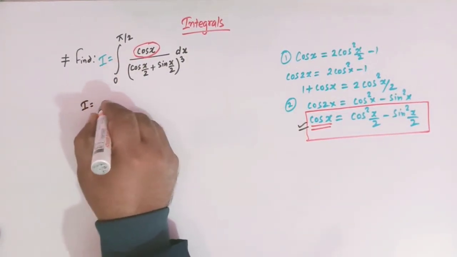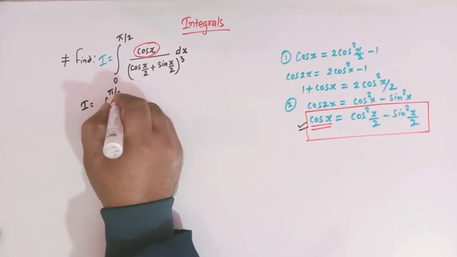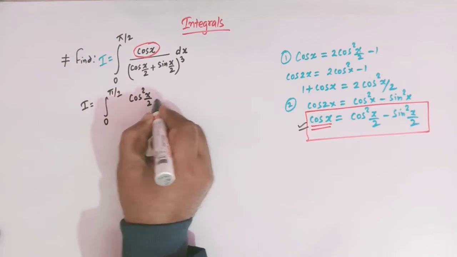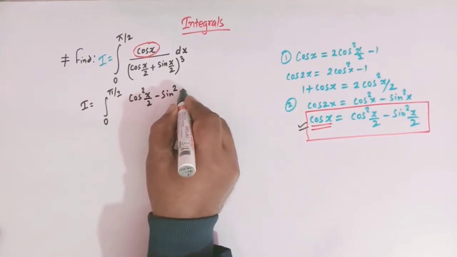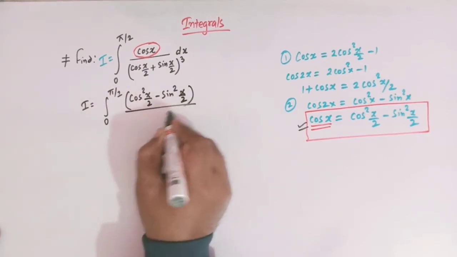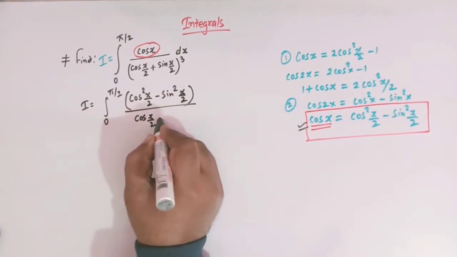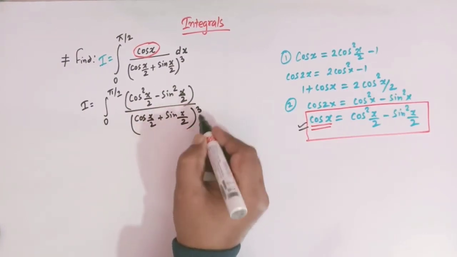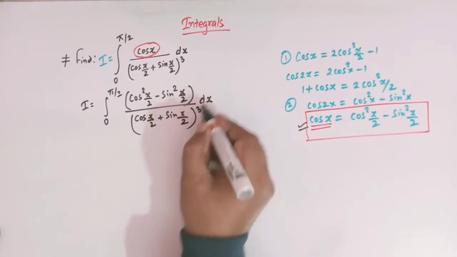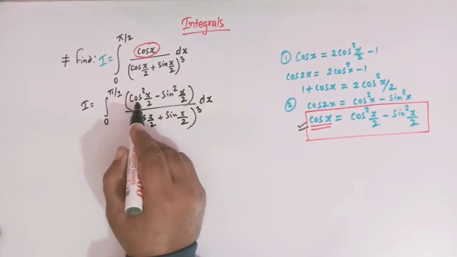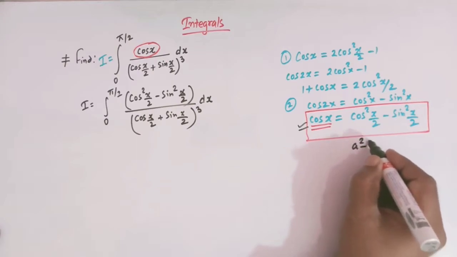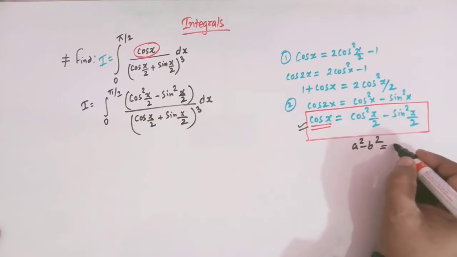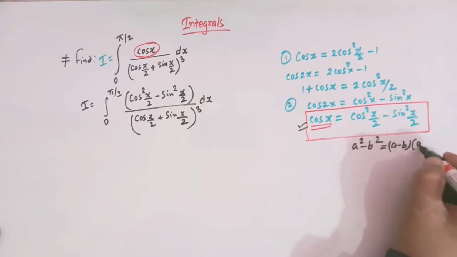So we have I is equal to the integral from 0 to pi by 2, and for cos x we can write cos square x over 2 minus sine square x over 2, divided by (cos x over 2 plus sine x over 2) whole cube. Now in the numerator we have the term a square minus b square, so we can use a minus b, a plus b.